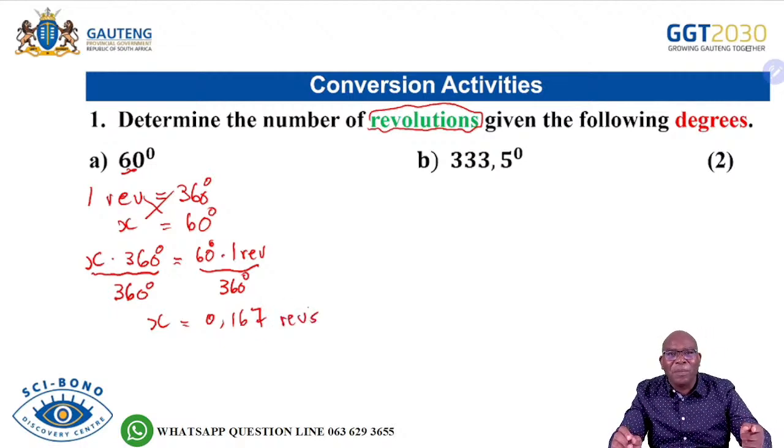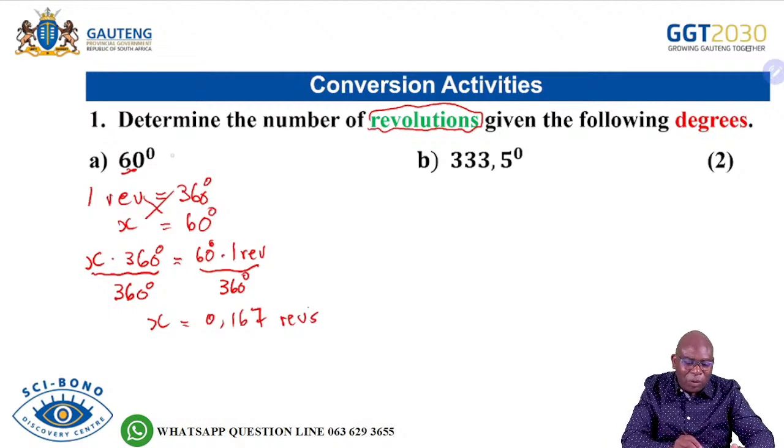So you can see, what is it that we needed to do there? We did not need to do all this working out. The easy way of doing that will be to say 60 degrees divided by 360 degrees. And that's all that we needed to do. And the answer there will give us 0,167 revs.